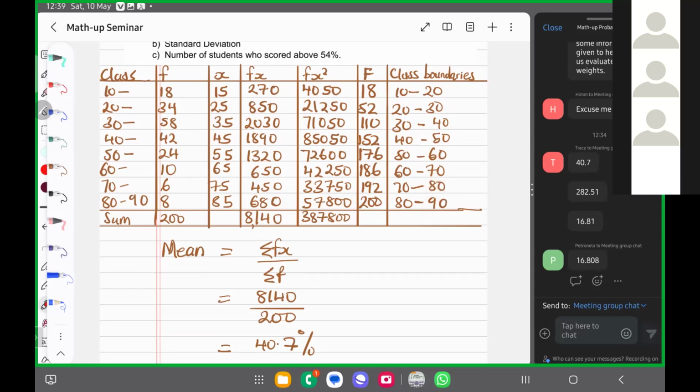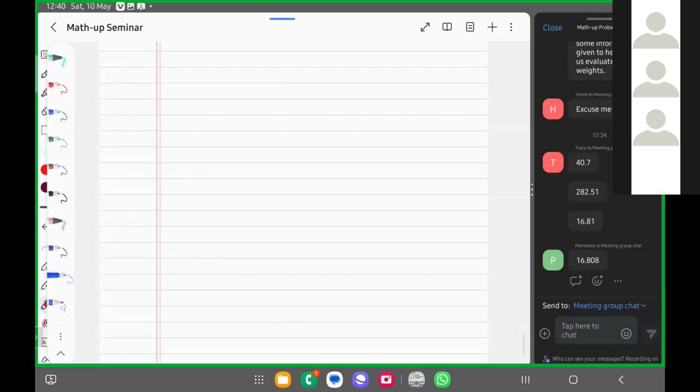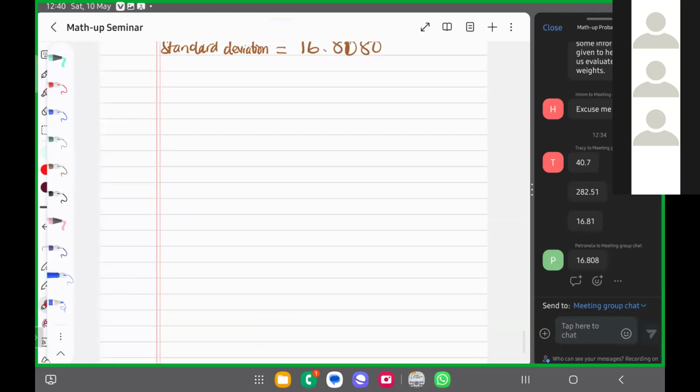So I can use that concept, linear interpolation, to help me get the number of students that scored 54 marks and below first, and then use that answer to help us get the number of students that scored above 54%.